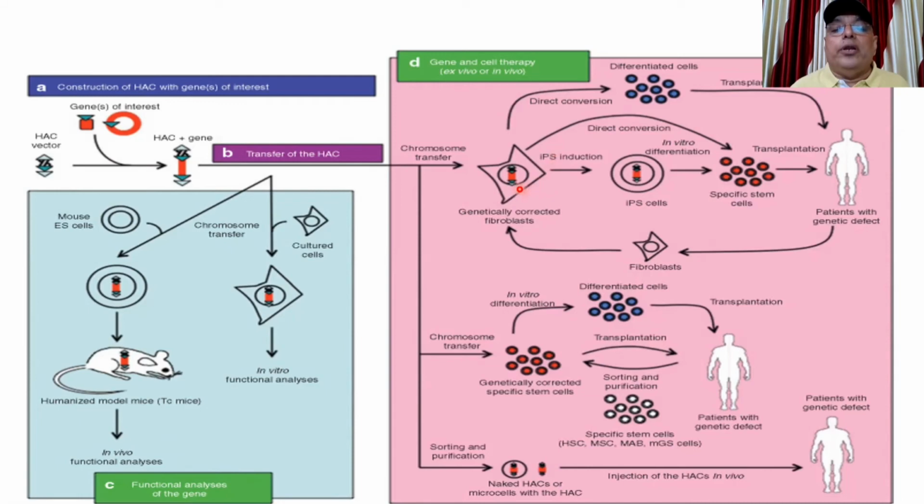So when we introduce it into the induced pluripotent stem cells, a particular stem cell has been formed, and when we transplant this stem cell inside the human being, we can study how the genetic defect of this patient has been rectified, and we can get fibroblasts which are genetically corrected.